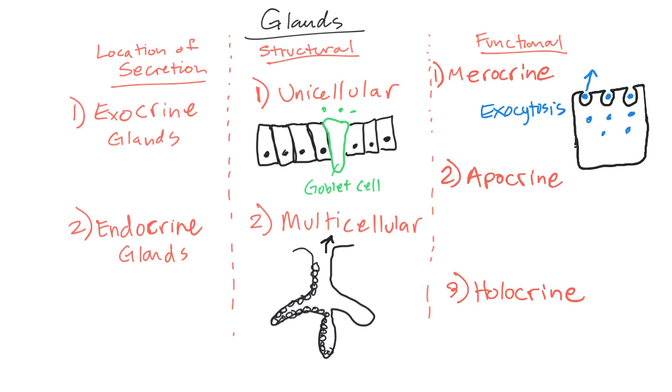So in an apocrine gland, I like to think a part of the cell, okay? Apocrine kind of sounds like that. So you have this cell here, and when it releases its substance, basically the whole top of the cell, I'll just draw this scraggly stuff, is what's released.